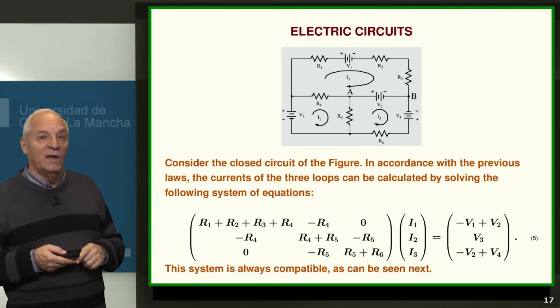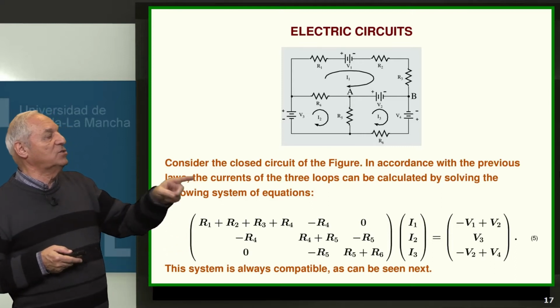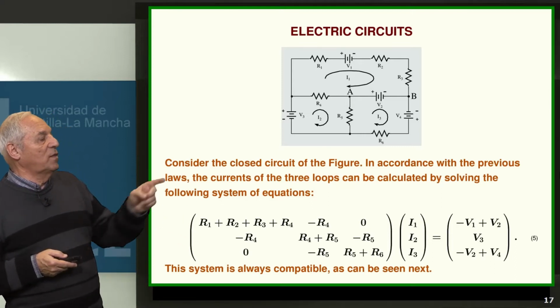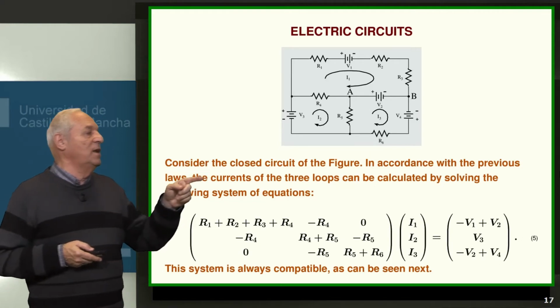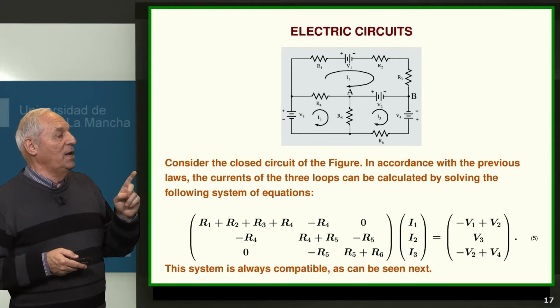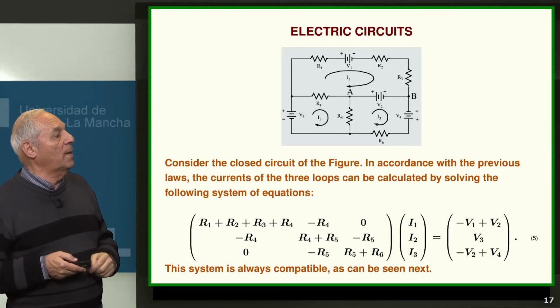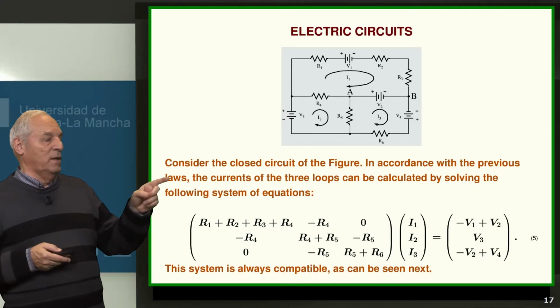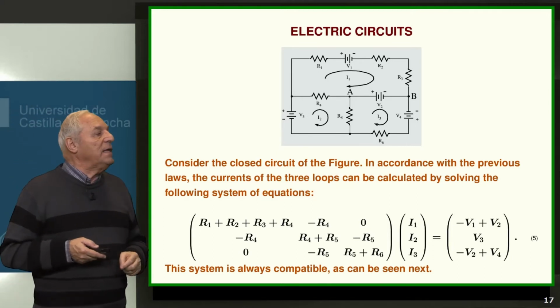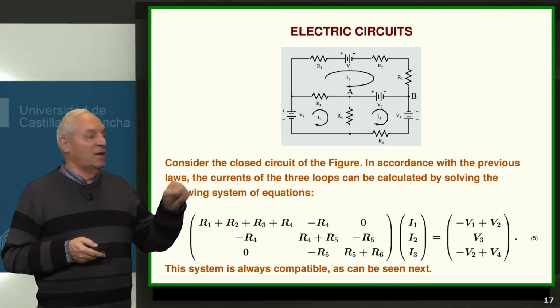Considering the signs, we see that I1 circulates through R4 in the contrary direction, so it is minus R4. I2 circulates in the direct sense, through R4 and R5, so they appear with a positive sign. However, intensity I3 circulates in the opposite direction, and that's why R5 has a minus sign.